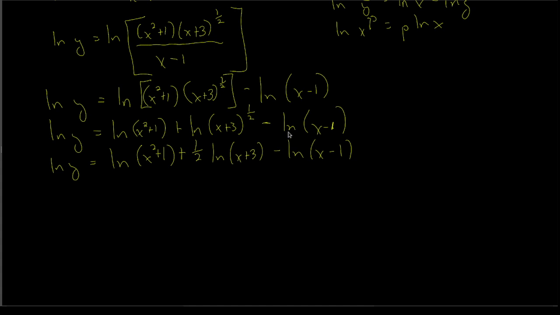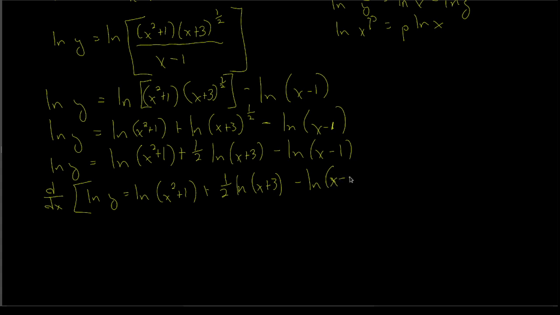And so now I want to find dy dx, so I'm going to differentiate across the whole thing. And we get some chain rules we have to keep track of, but it's not that bad. This is going to give me 1 over y dy dx because of the implicit derivation.